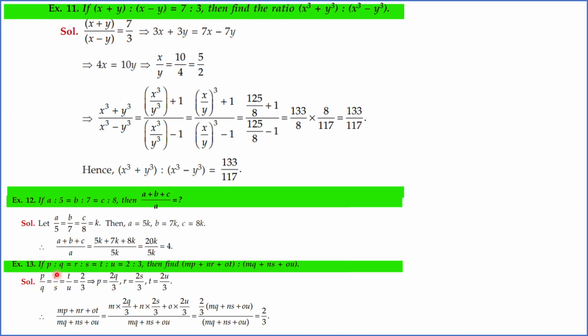Given p/q equal to r/s equal to t/u equal to 2/3, that implies p equals 2q/3, r equals 2s/3 and t equals 2u/3. Therefore, (mp plus nr plus ot)/(mq plus ns plus ou) is equal to 2/3.